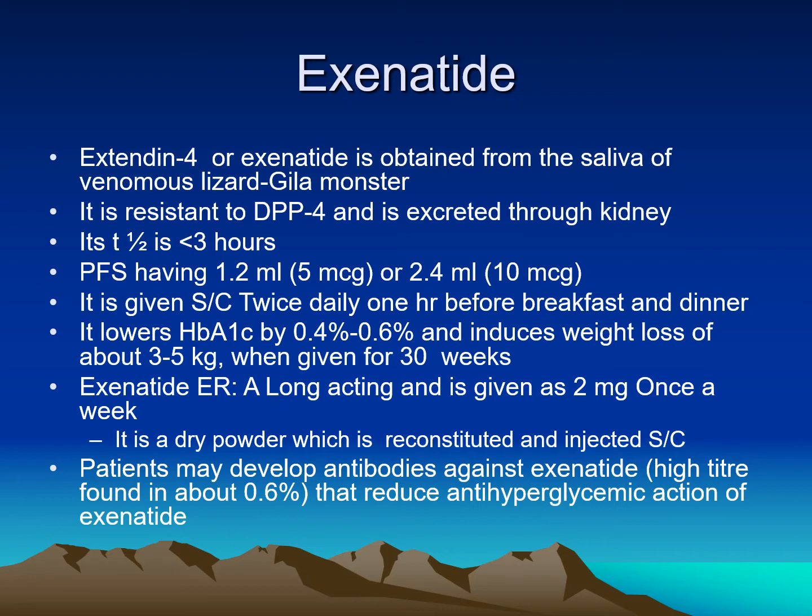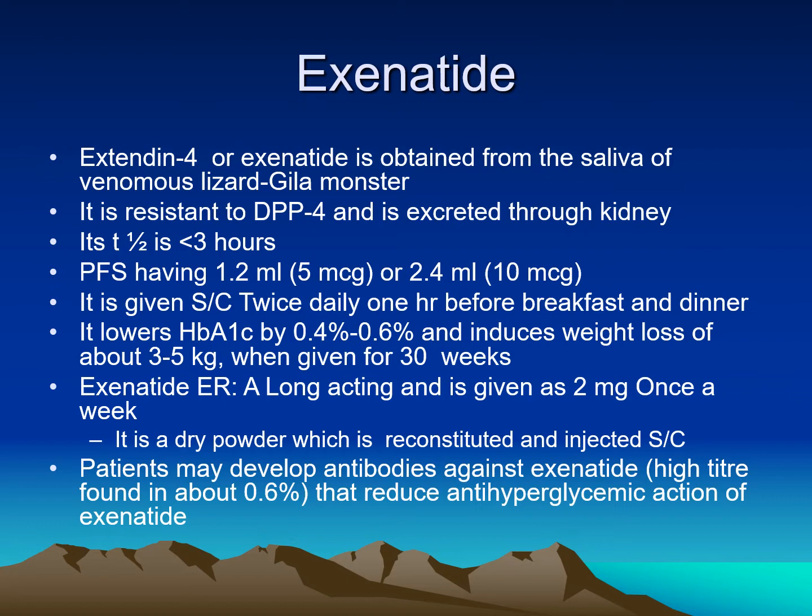It must be given twice daily, 1 hour before breakfast and dinner. In studies up to 30 weeks, exenatide lowered hemoglobin A1C by 0.5% and reduced weight by 3 to 5 kg.